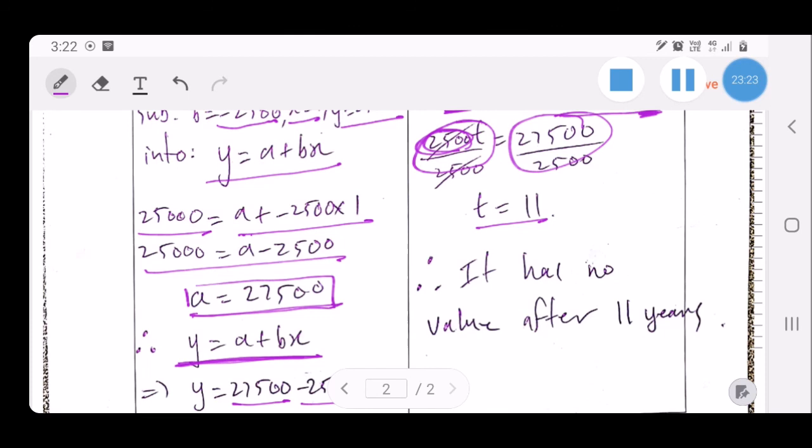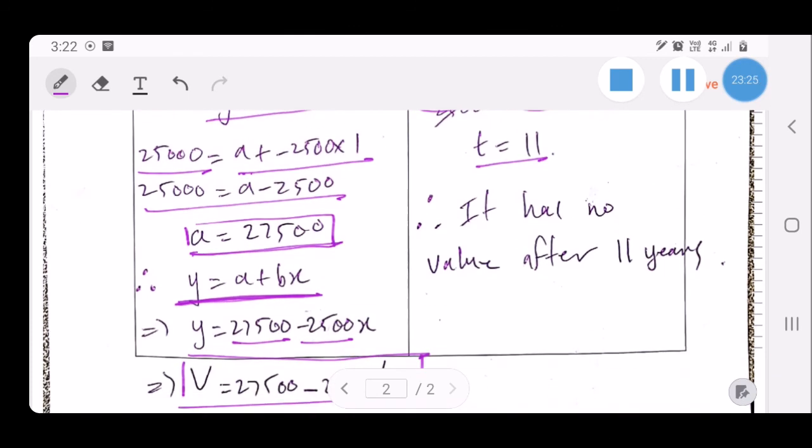So here's our answer. The car has no value, or a value of 0, V equals $0 after exactly 11 years.